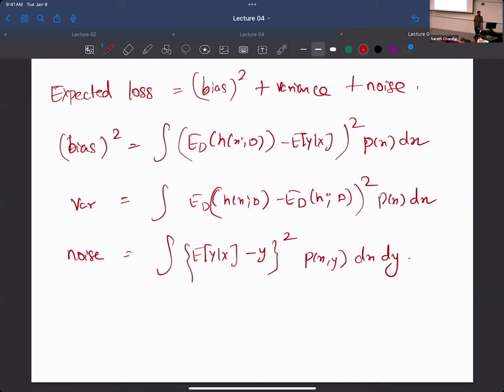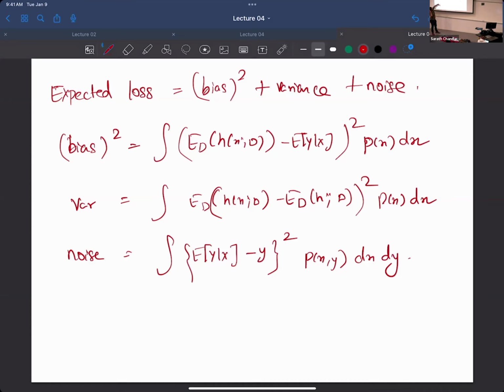Okay, now let's try to understand these three terms. First, let's start with noise. The noise term is just the variance from the process itself. This is irreducible. Then we have two other things, bias square and variance.